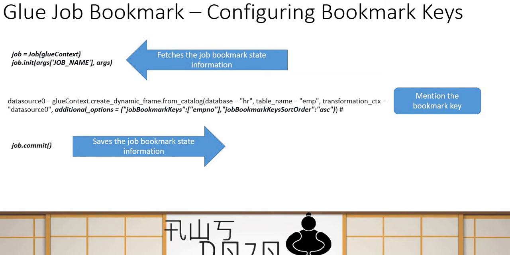So these are the three statements you have to especially work on if you want to use a custom job bookmark key in your Glue job code. Okay, now moving on.